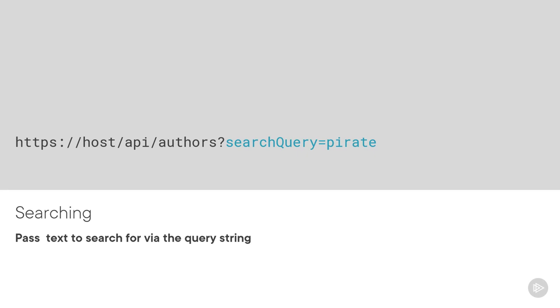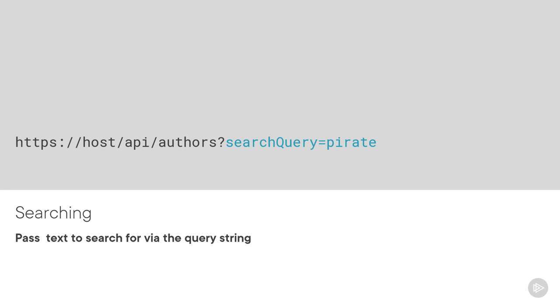Often that's done with full text search. For example, we may pass in a search query, signified by search query, and the text to search for, say pirate. The API should then return all resources that have pirate as part of, for example, any string field.